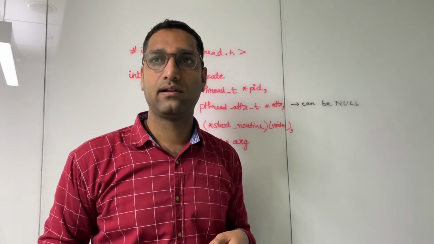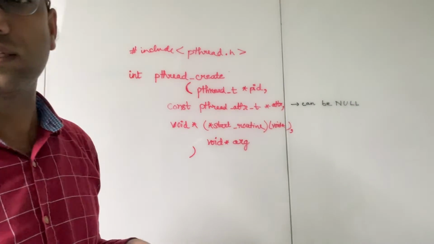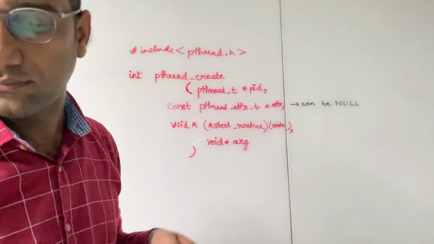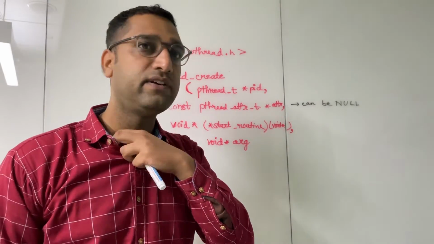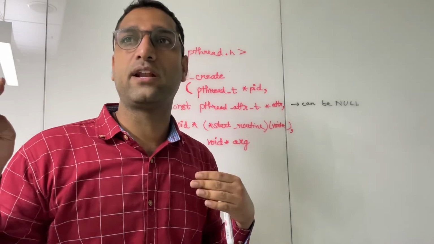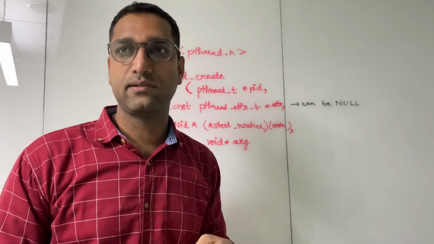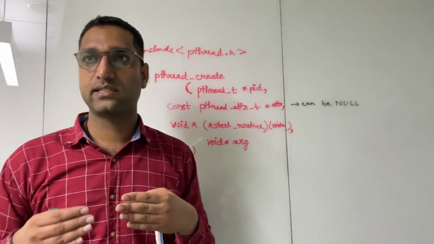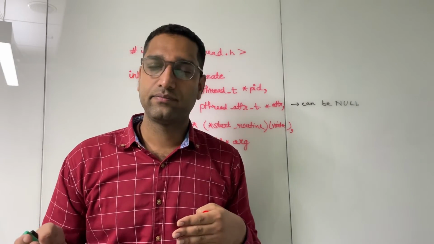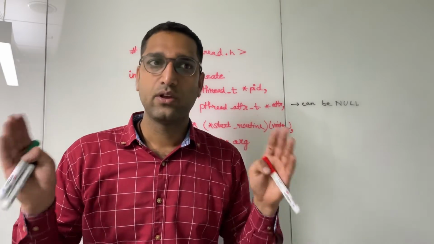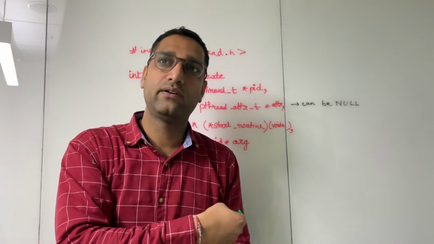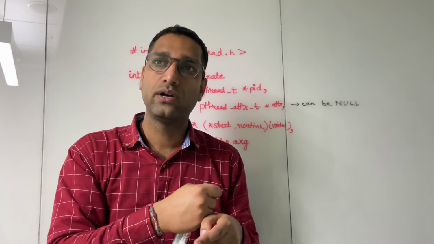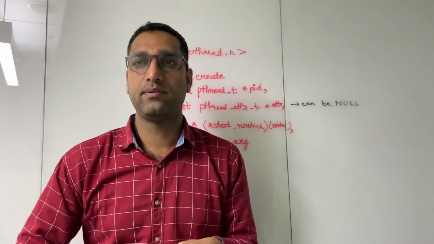What if we send null? What happens then? Any guesses? If we send null, then there is a list of default parameters for all that. Whatever the system sees fit, it can allocate that stack size and so on. Go home and study what the parameters do and what the default parameters are.